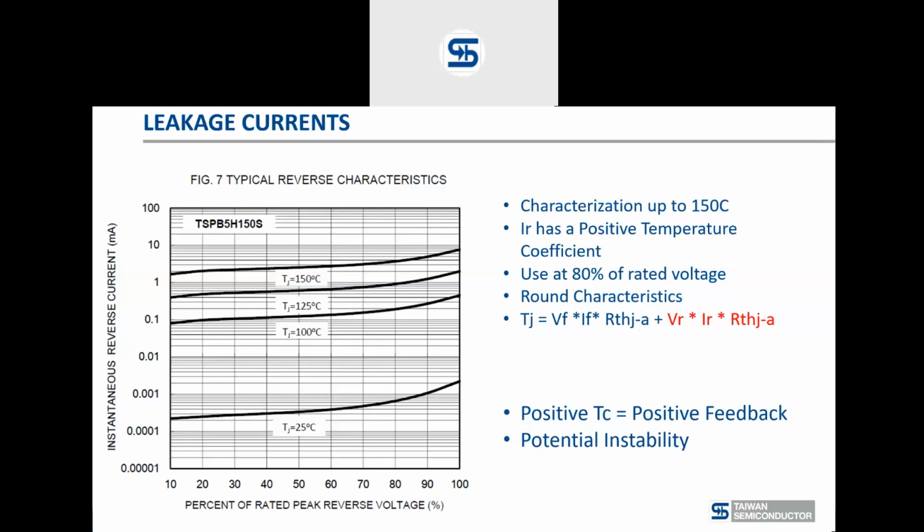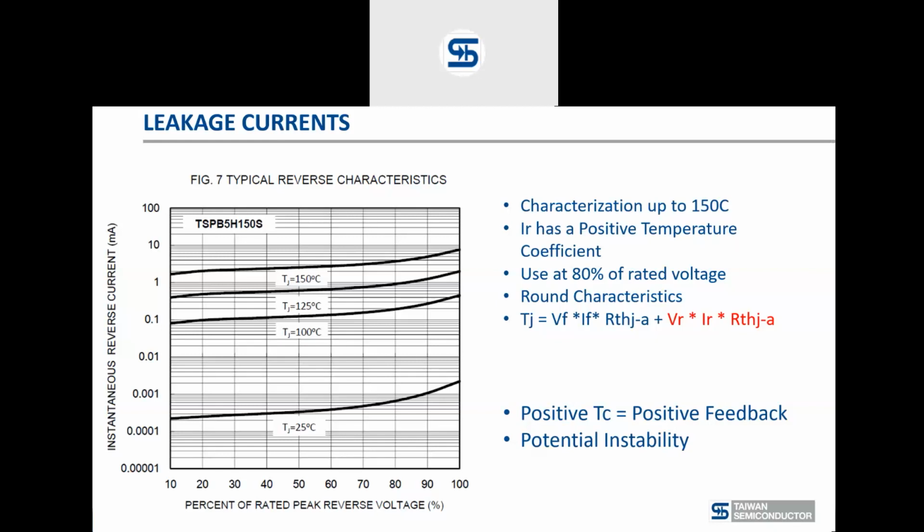Important to notice here, this is an old rule people used to say in the 80s and the 90s, sometimes this is lost in modern days: use your Schottky diode at 80% of the rated voltage. You can see the reason here: these are logarithmic curves for the leakage current, so you have to watch out a little bit.